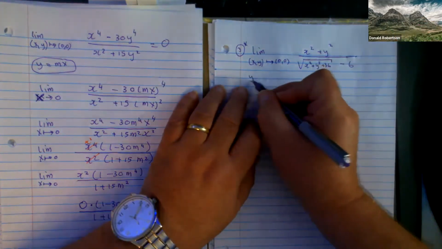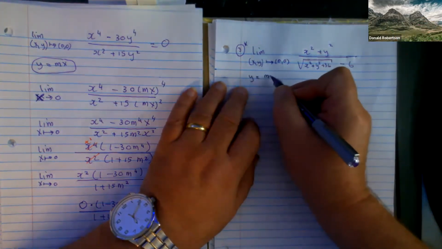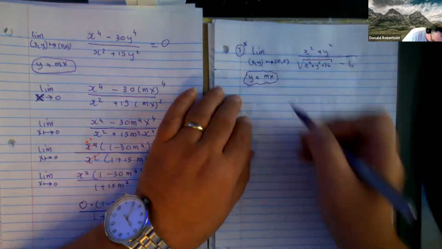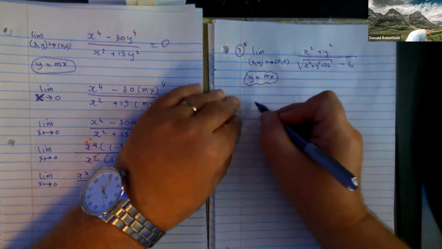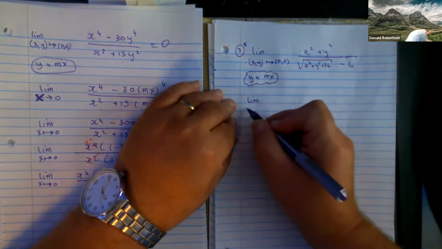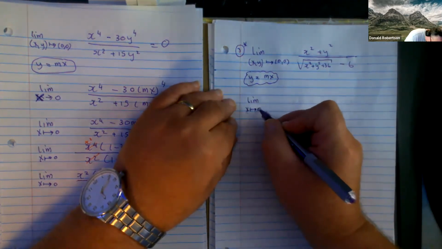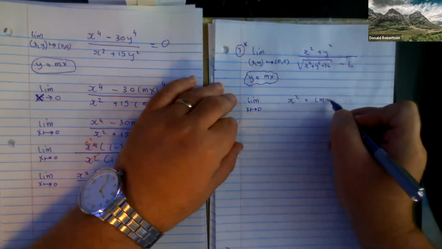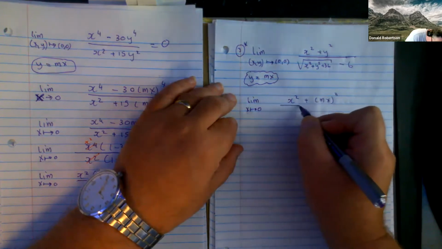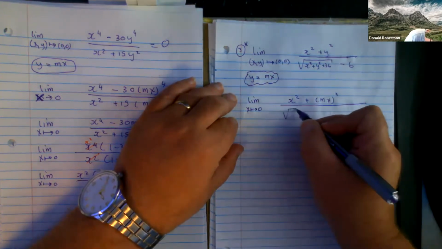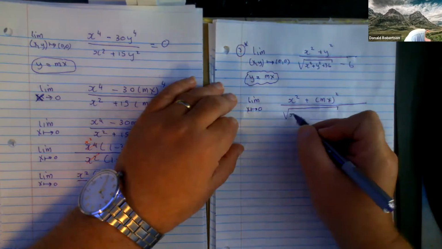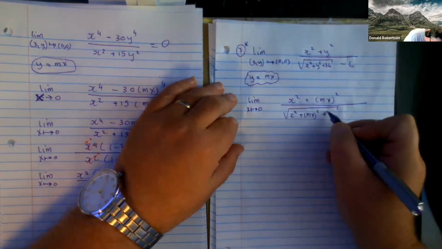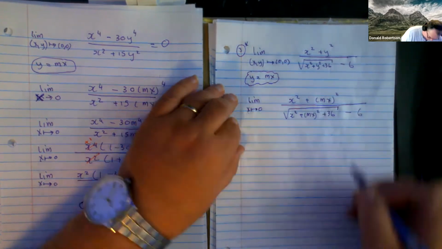So I'm going to let y equal mx. And let's see what we now have. It's going to be the limit as x tends to 0 of x squared plus m x squared, all over the square root of x squared plus m x squared plus 36, take away 6.